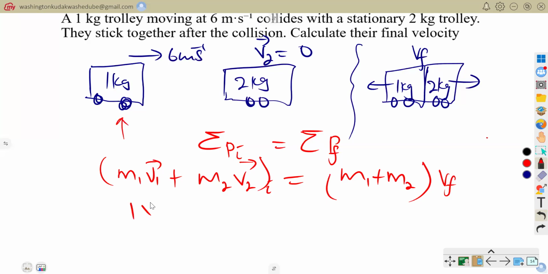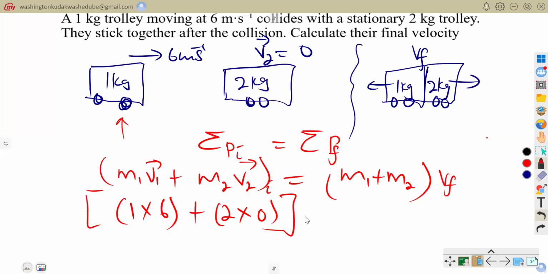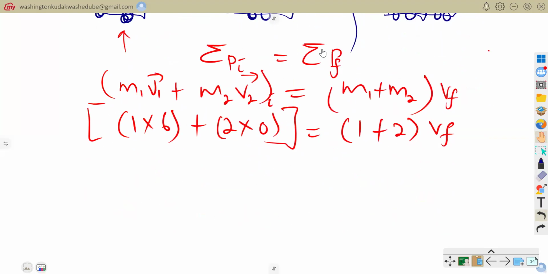It's 1 times what is the velocity? 6 meters per second. Plus what is the mass here? It's 2 kg times what is the velocity? 0. So I will add these, and equate to 1 plus 2 times the final velocity. Then I can calculate that final velocity.